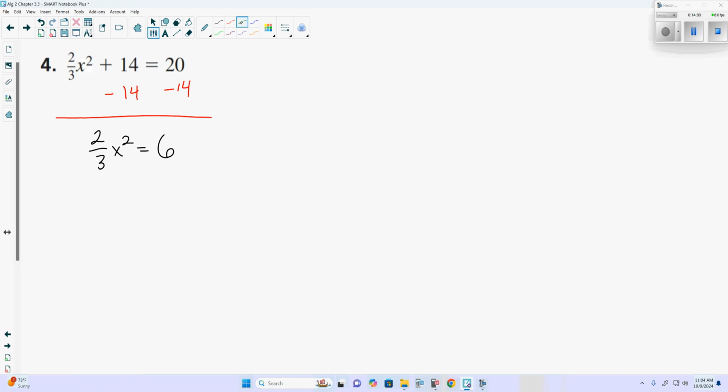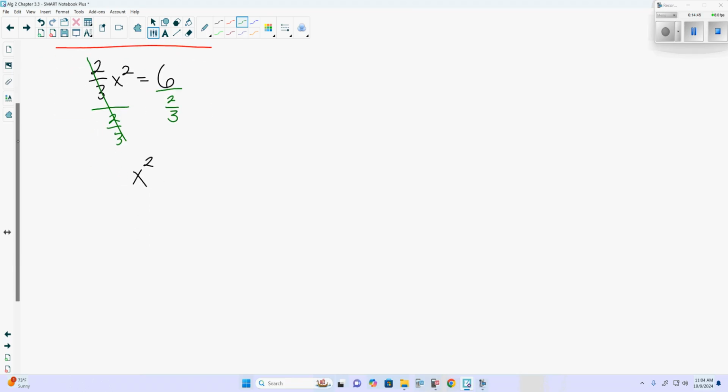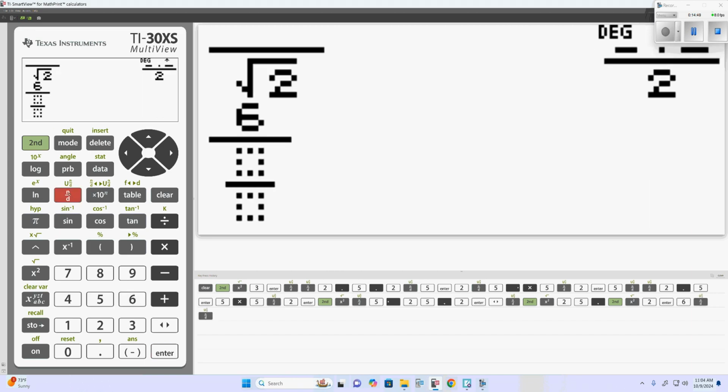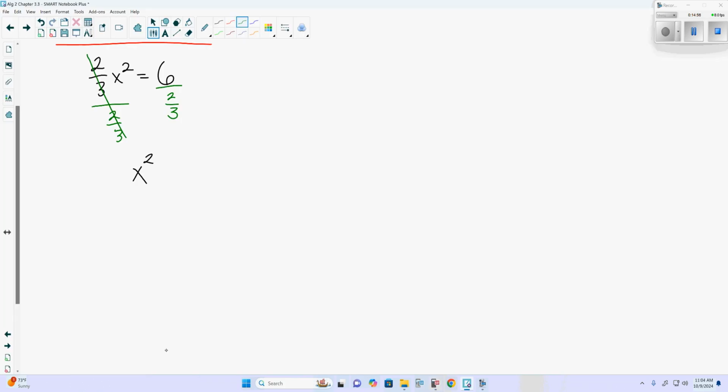We can divide by 2/3, because 2/3 divided by 2/3 will be 1, leaving us with x squared. And we need to do 6 divided by 2/3, or 6 over 2/3, which is 9.